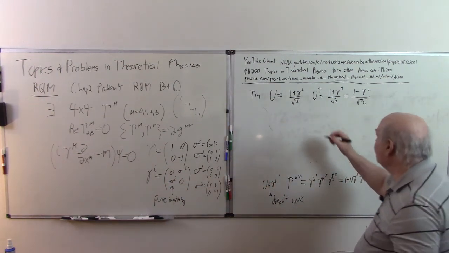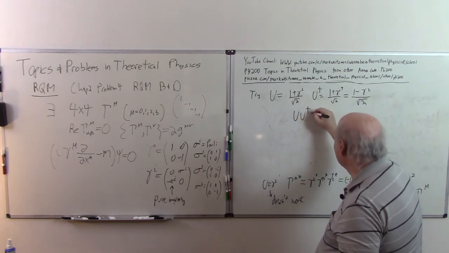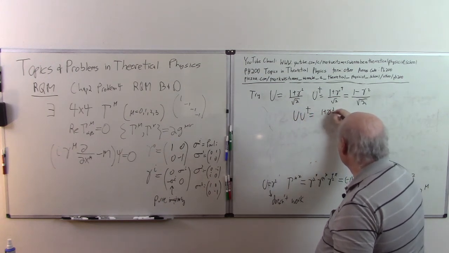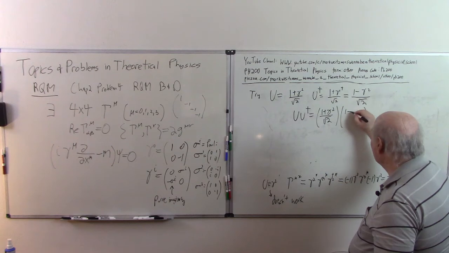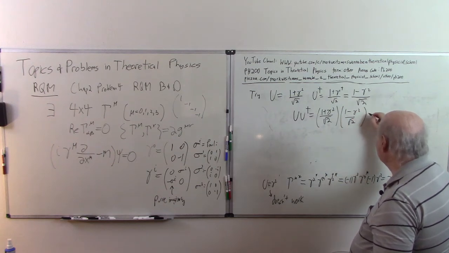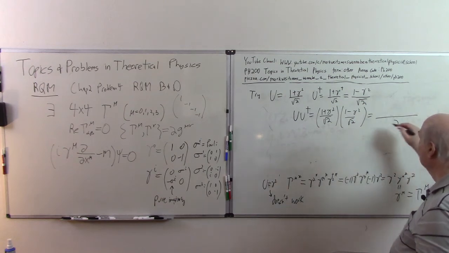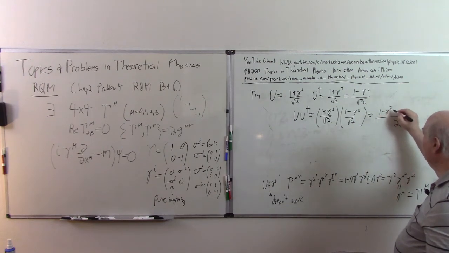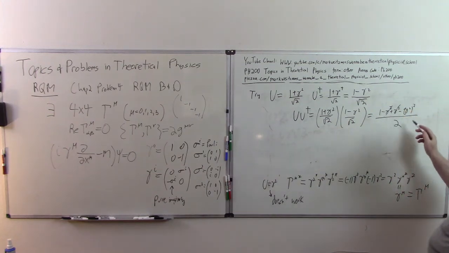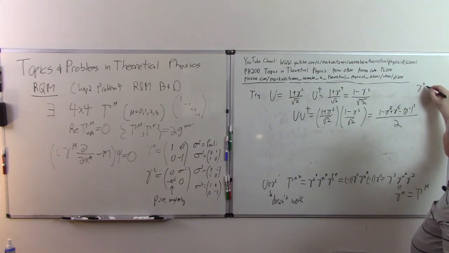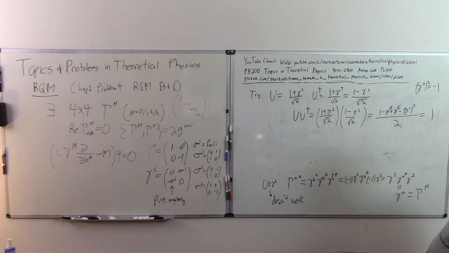Now let's verify u u dagger equals 1 plus gamma 2 over the square root of 2 times 1 minus gamma 2 over the square root of 2. This is equal to one half times 1 minus gamma 2 plus gamma 2 minus gamma 2 squared. This cancels, and you can verify that gamma 2 squared equals minus 1. So this is equal to 1, and our u is unitary, so that's good.